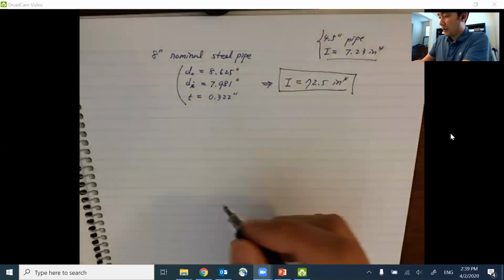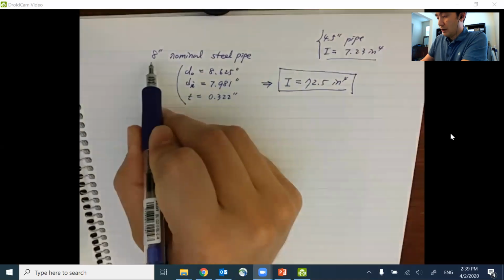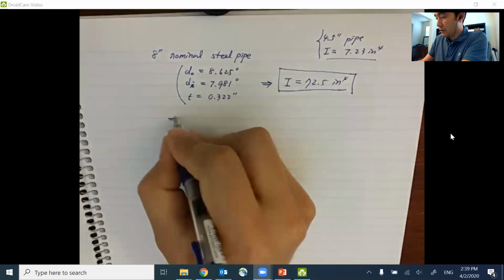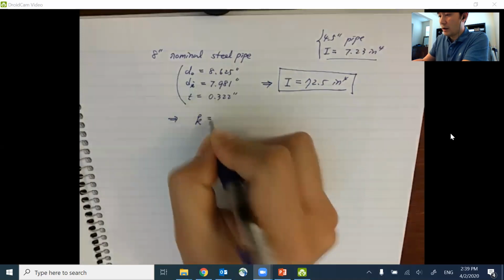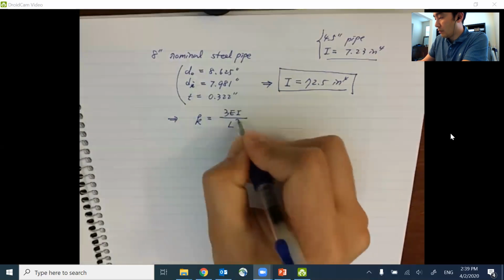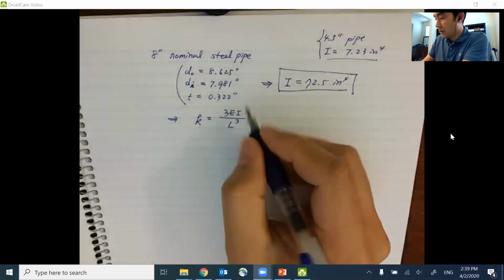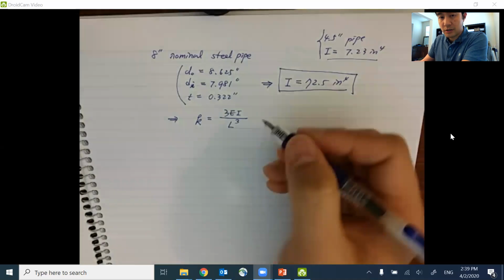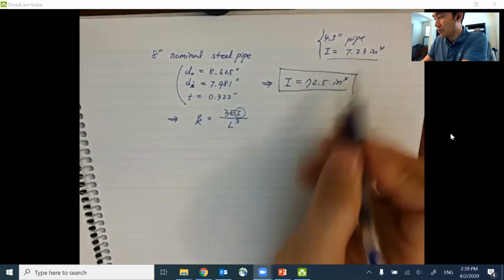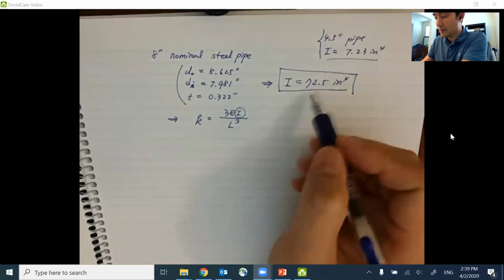Again, because we changed the size of the pipe, that will affect the stiffness K, right? The K value was 3EI over L cubed. L is still the same. Young's modulus of the steel is still the same, but the moment of inertia is changed from 7.23 to 72.5, almost 10 times.